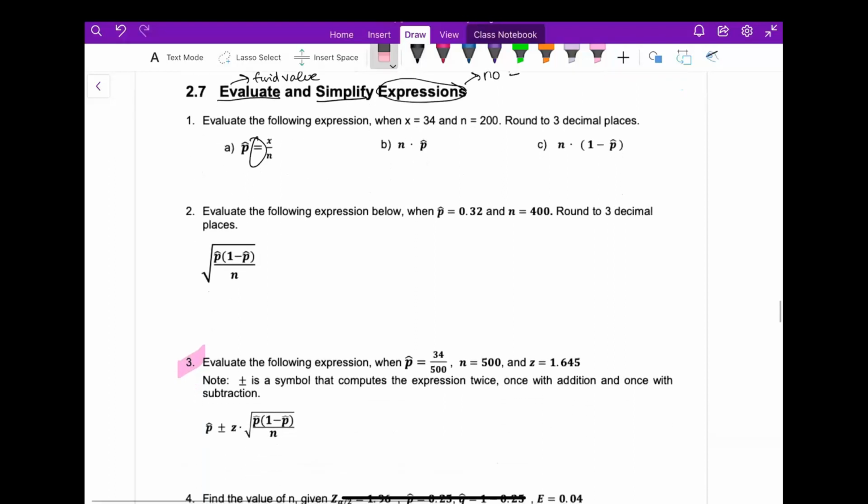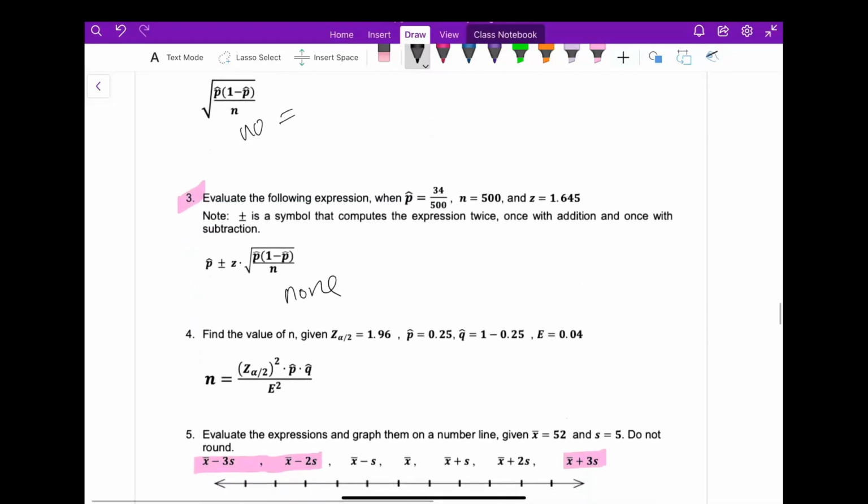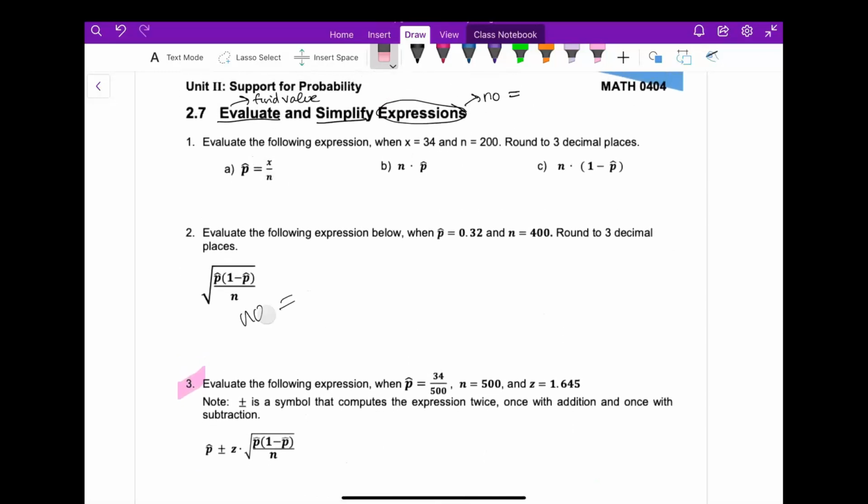But if you notice, here we don't have an equal sign, right? None here. We have an equal sign here, so this is an equation. And so this is an expression on this side, and this on the right side is another expression. So I want to make that distinction between what is an equation versus an expression.